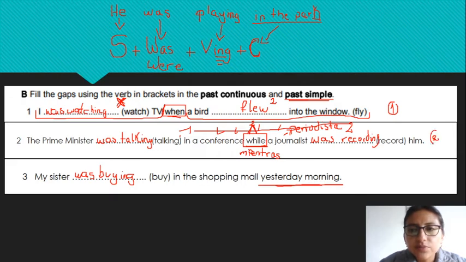Use number 2, when we use while and both actions were happening at the same time. And use number 3, we use past continuous when we have a specific time. Okay? Very good. Let's continue with the negative structures and questions.